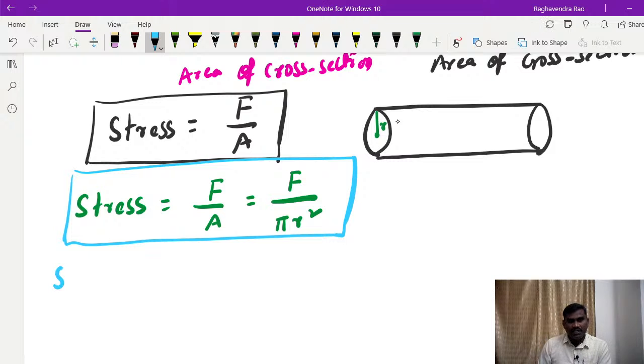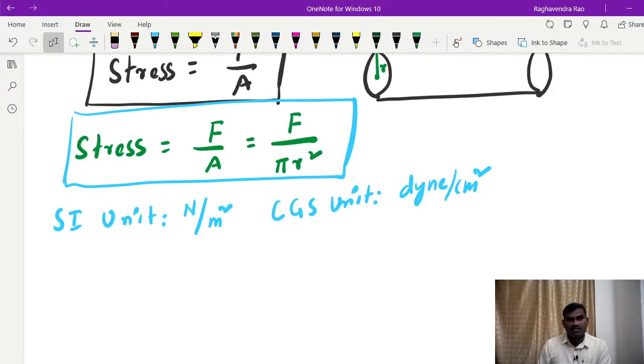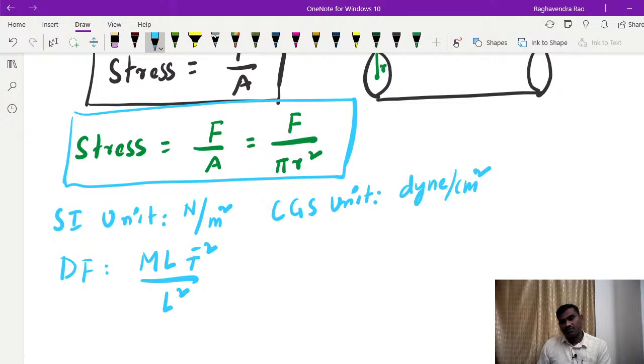Now SI unit is Newton per meter square, CGS unit is dyne per centimeter square, and dimensional formula is M L T power minus 2 by area of cross section L square. Now L square cancels, so this is M L inverse T power minus 2.